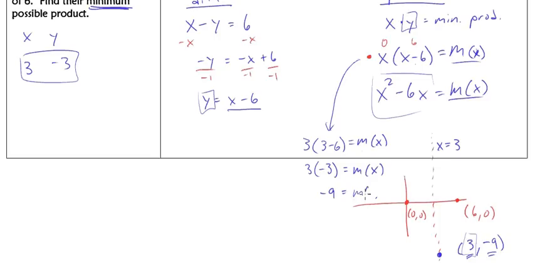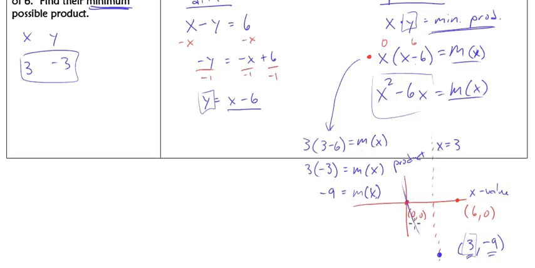M of x. Okay, because our domain here, our x-axis, is the x value, the value of the first number. Our output, our y, our range, isn't y. Our output is the product of m of x, so of x times y.